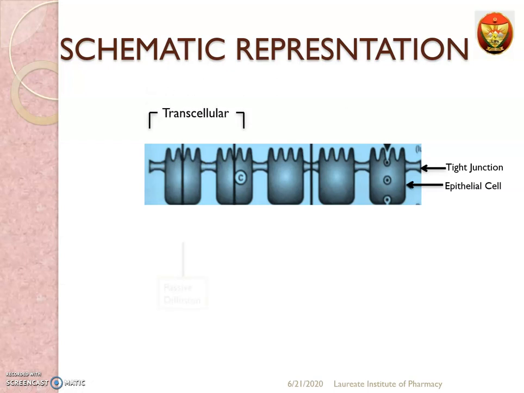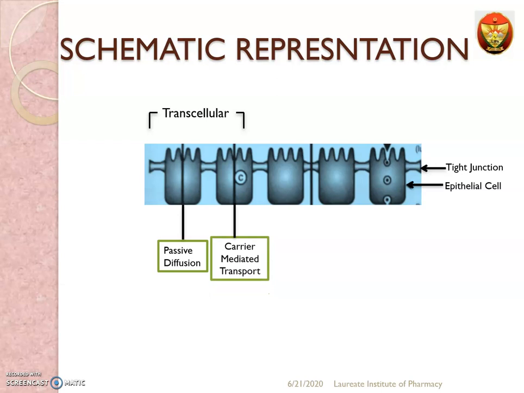Transcellular means the drug will pass through the cells, and it includes passive diffusion or carrier mediated transport. If the drug does not require any carrier or any energy, it is known as passive diffusion, and if it requires a carrier or some energy, it is known as active transport or carrier mediated transport.